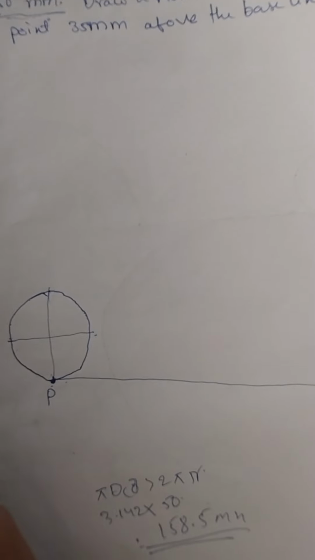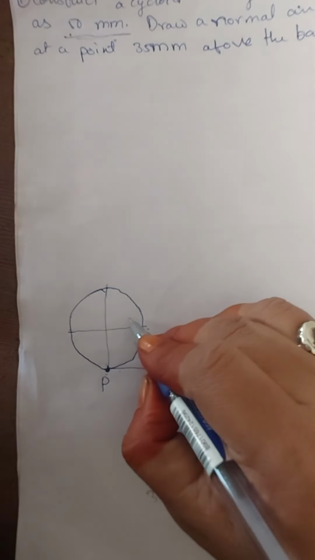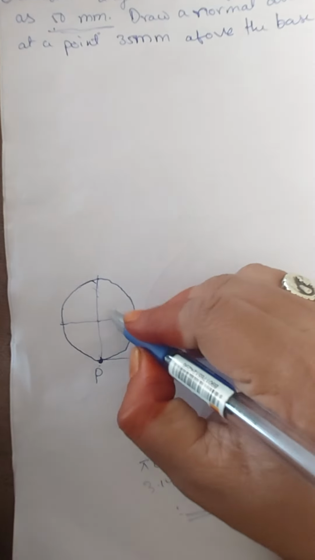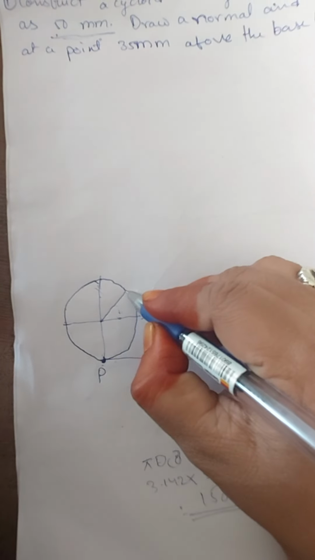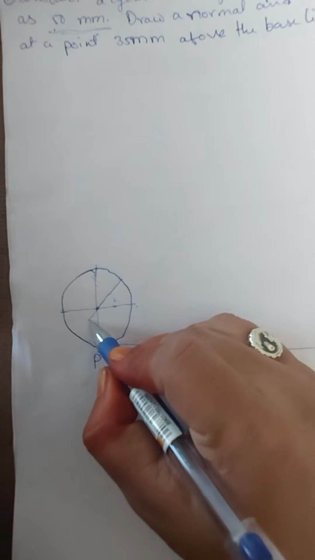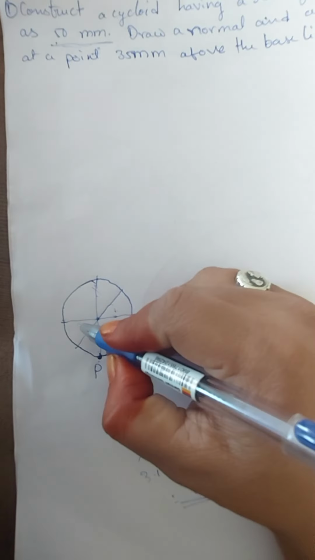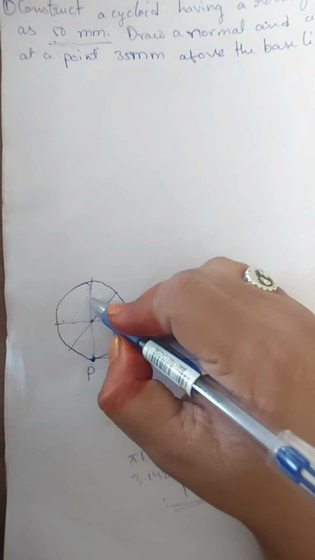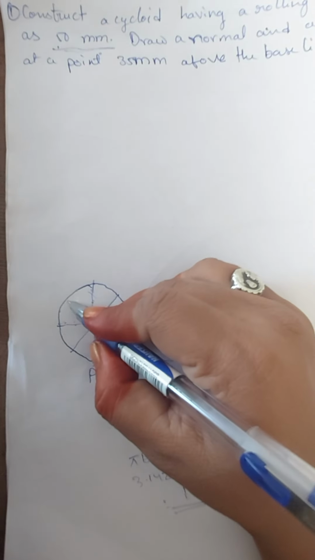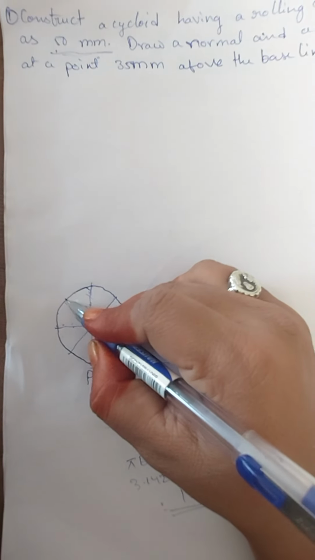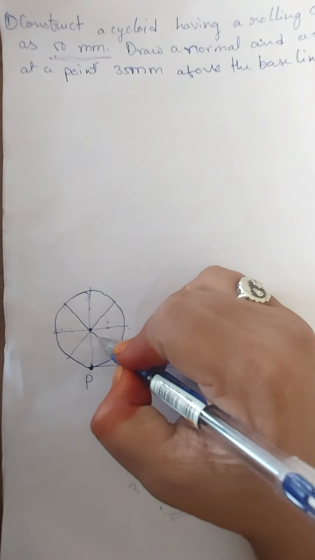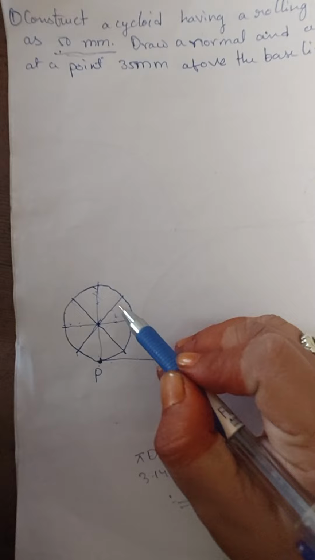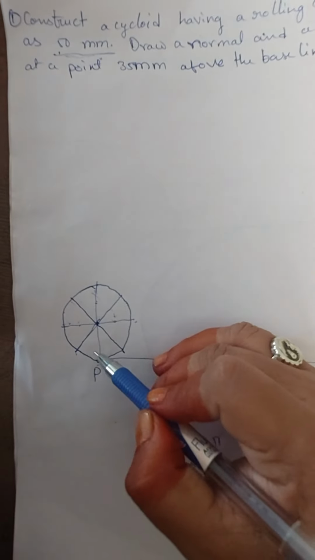After that, by using the angle bisecting method, bisect this 90 degree angle, then we'll get the line here and extend that in the other direction. Similarly, take the next 90 degree angle and bisect it, then we'll get another line and extend that. So then we get the 8 parts: 1, 2, 3, 4, 5, 6, 7 and 8.